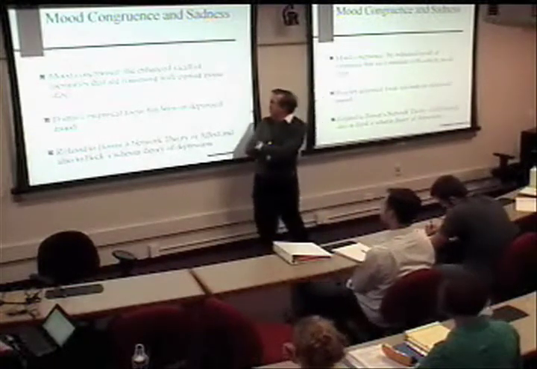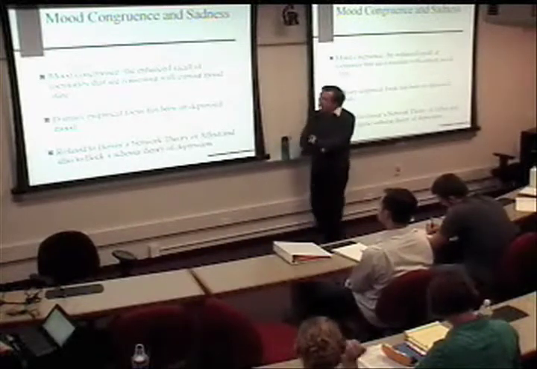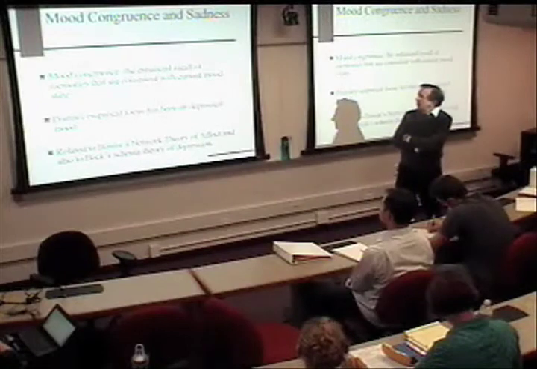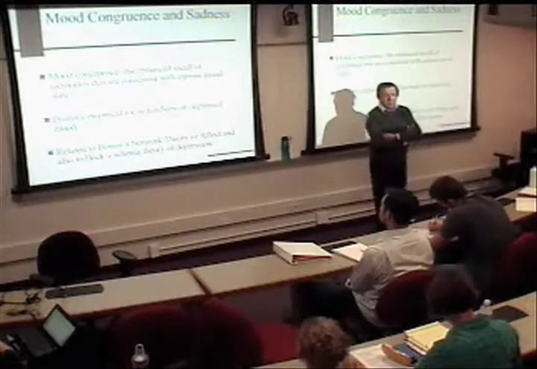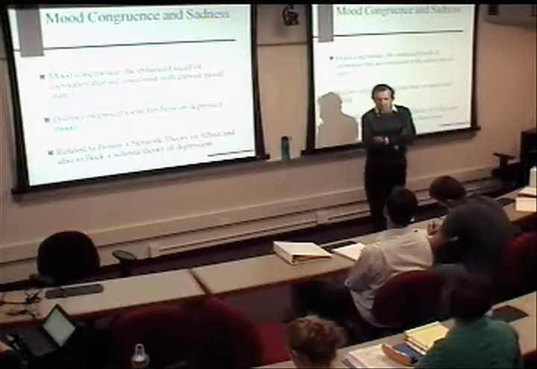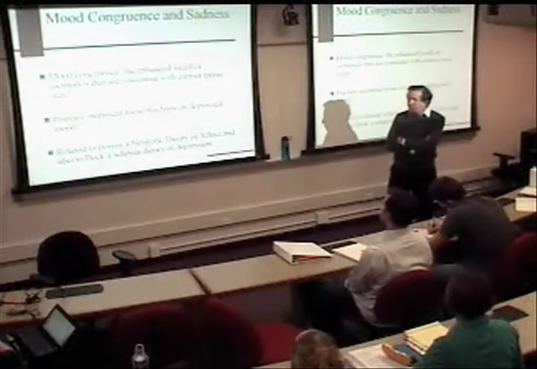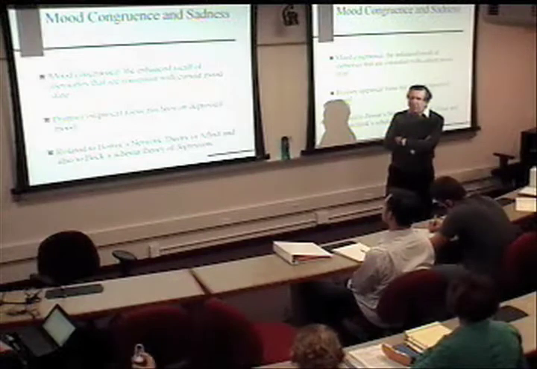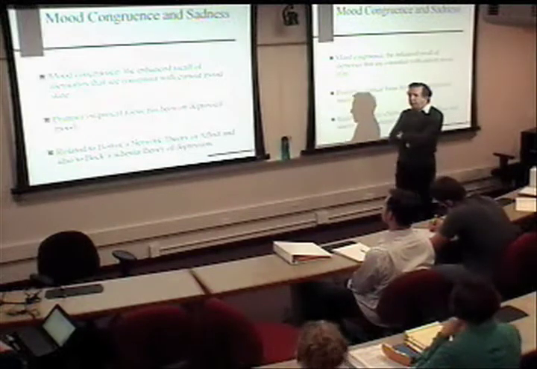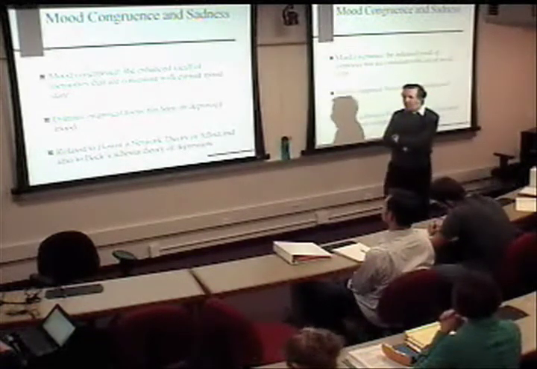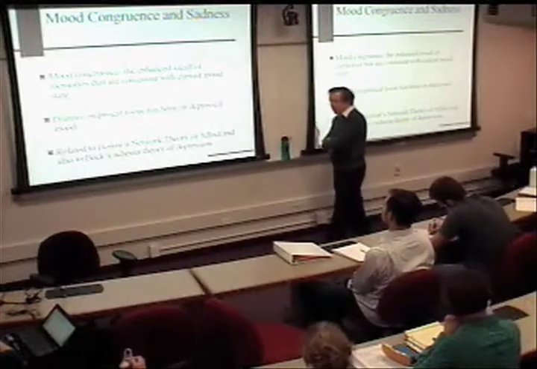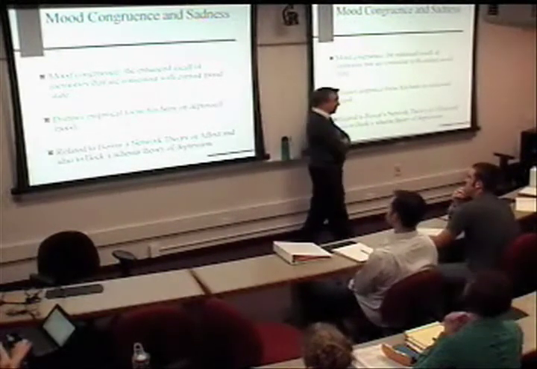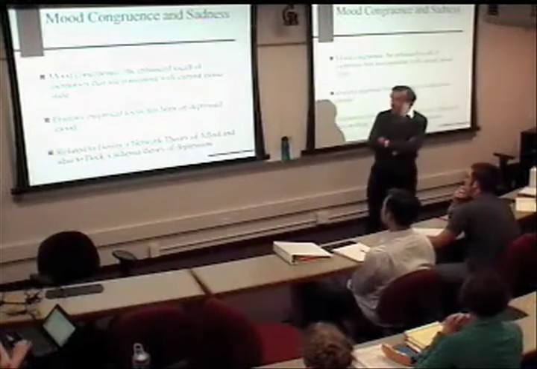Most generally, mood congruence is the idea that you're most likely to recall memories that are consistent with your current mood state. It could refer to any kind of emotion, and it generally suggests that the emotion you were in when something happened is one of several cues that you could use to recall that event, or something else that you learned.